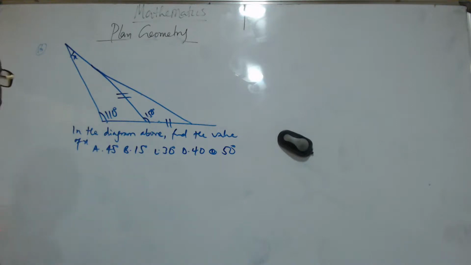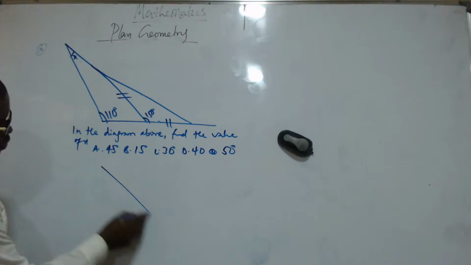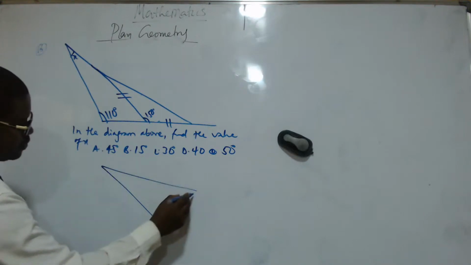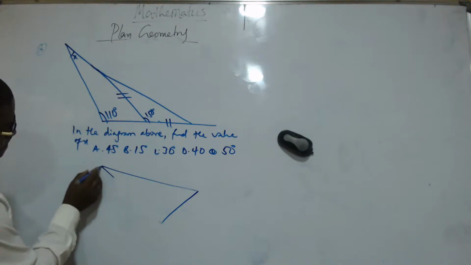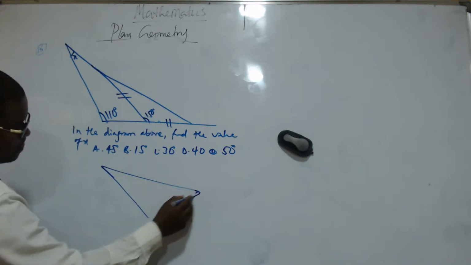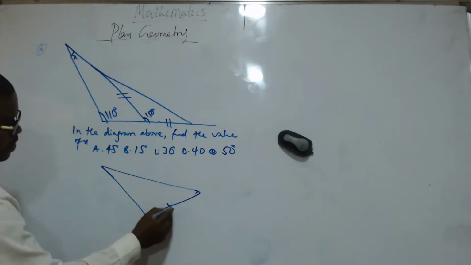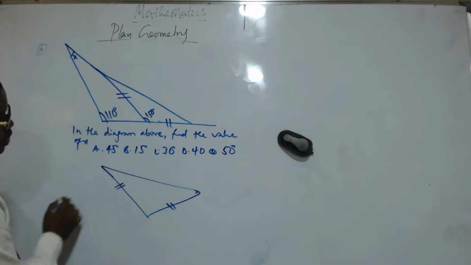Okay? Now, what we need to do here is extend the angle again, this one given to us. We have something like this now. Here is parallel to this, or is equal to this.